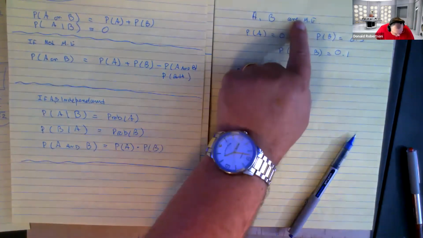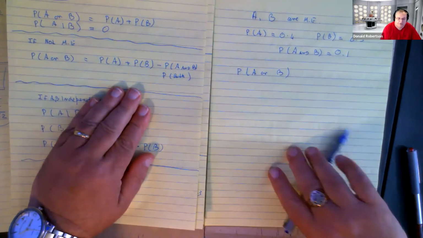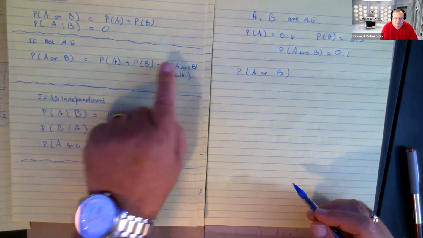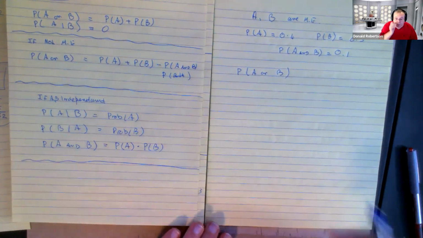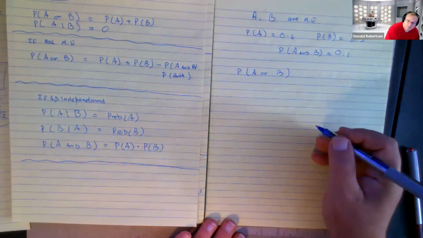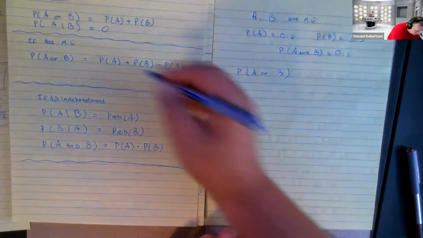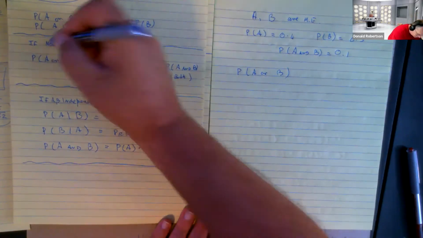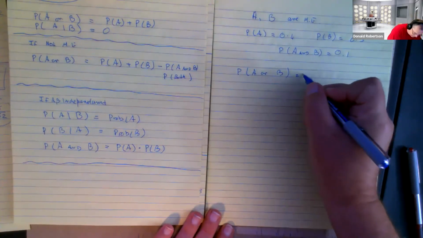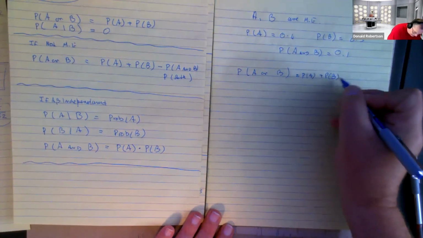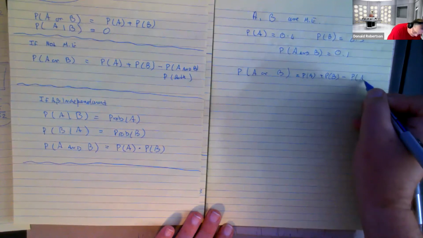Now, since the events are mutually exclusive, these are the rules that we would use to work with them. And can you see this rule here is how you find the probabilities of an OR, and I'm saying not mutually exclusive. So it's going to be A, it's going to be B, and then you're going to take away the A and B guy.